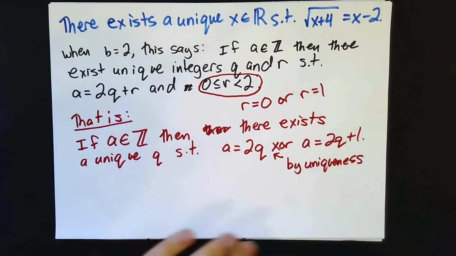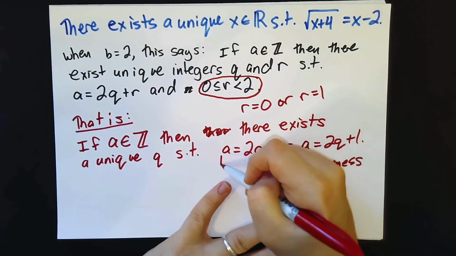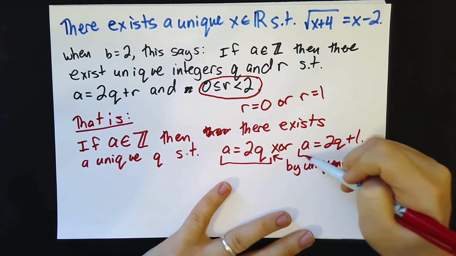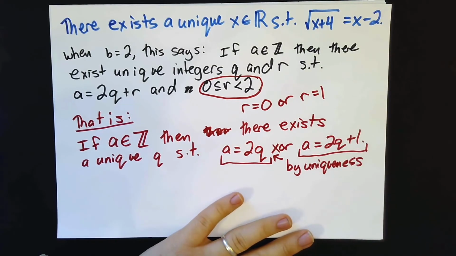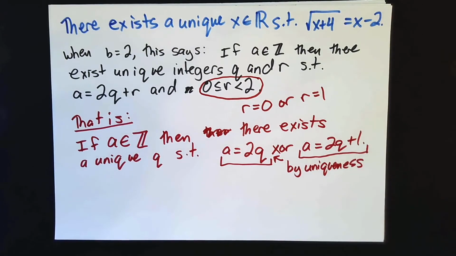And so if I really squint at this, what I'll actually see here is, well, if I say a is 2q, what am I really saying? I'm really saying a is even. Or, if a is 2q plus 1, I'm really saying a is odd. These are in fact exactly our definitions of even and odd. There exists a q such that a is 2q, that's even.